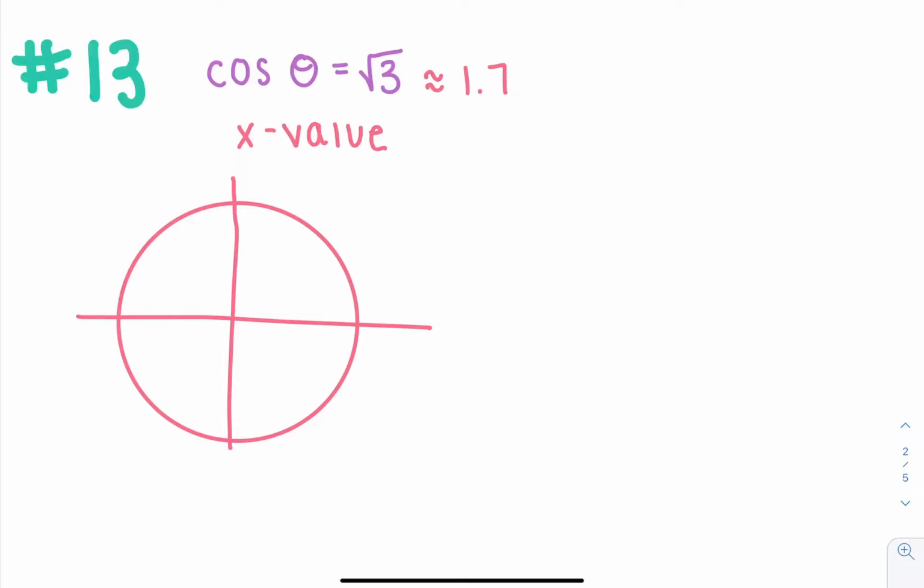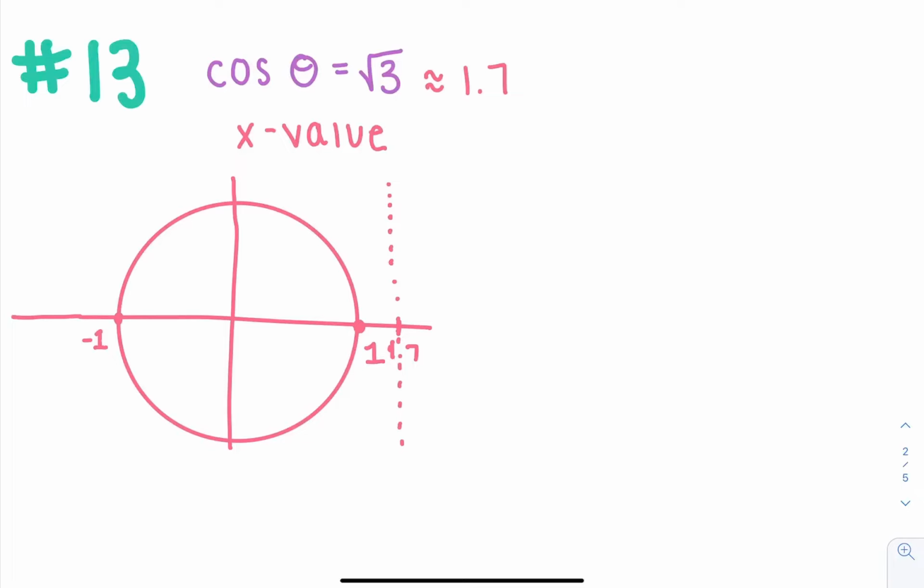So if cosine's the x value, way over here is 1. Here is -1. And what they want to know is an angle that's going to give me an x value that's about 1.7. Well, if I look at 1.7 here, there's no values.